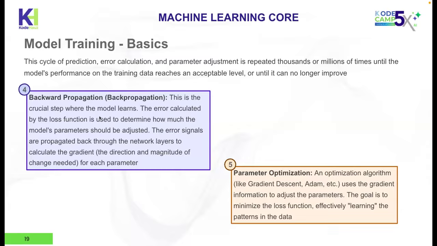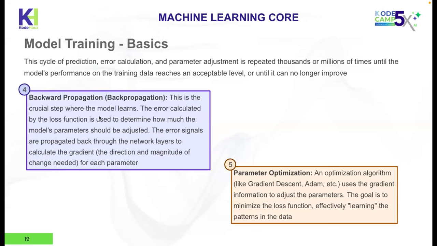The backward propagation is the point where you take that error or loss and you determine how much you should adjust each of the parameters until you get the outcome.